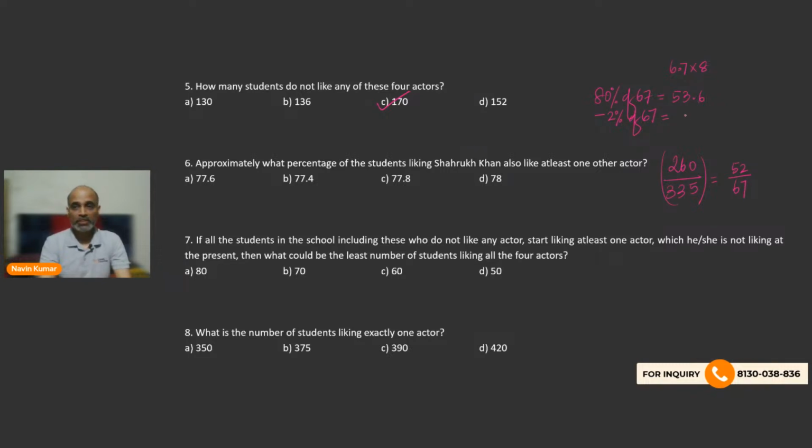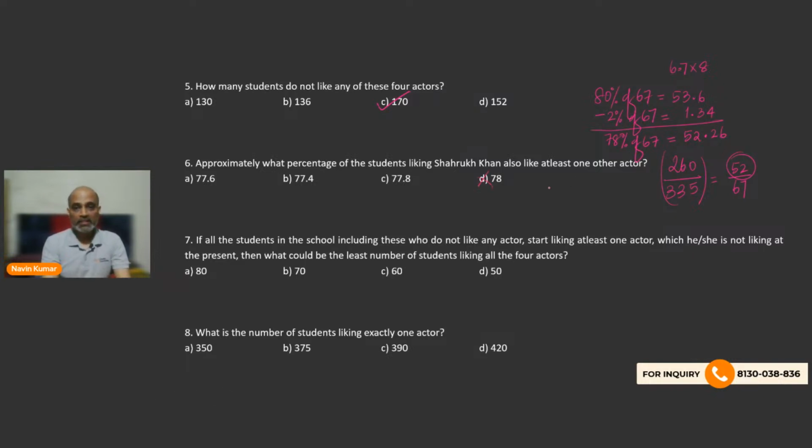So 2% is going to be 1.34. So if I subtract it, I will be getting 78% of 67. This is going to give us 53 minus 1, which is 52.26. Our target is to reach 52. So we can very clearly see that it's not 78, it's less than 78.